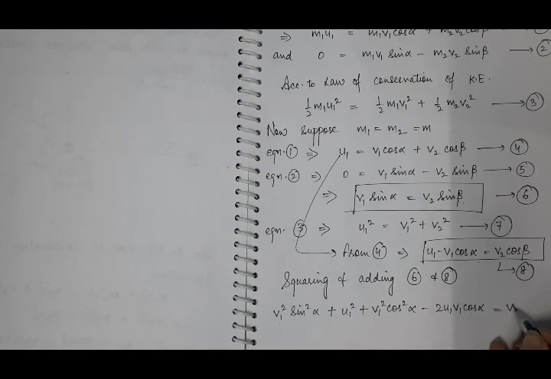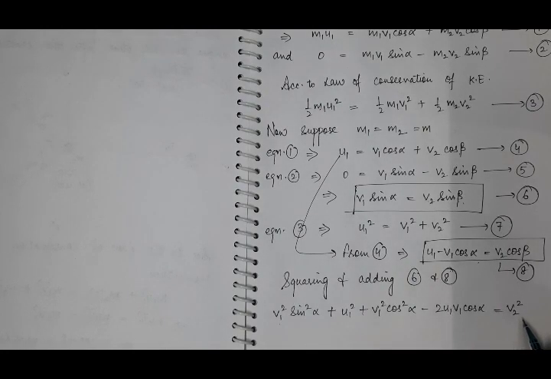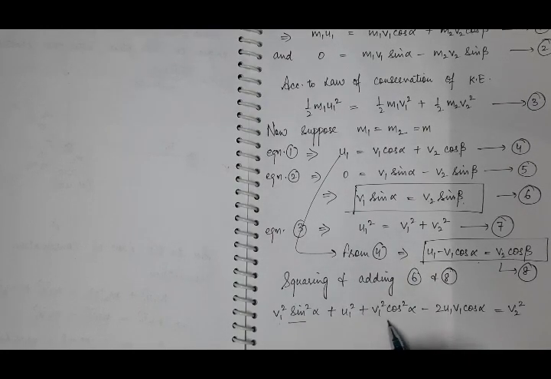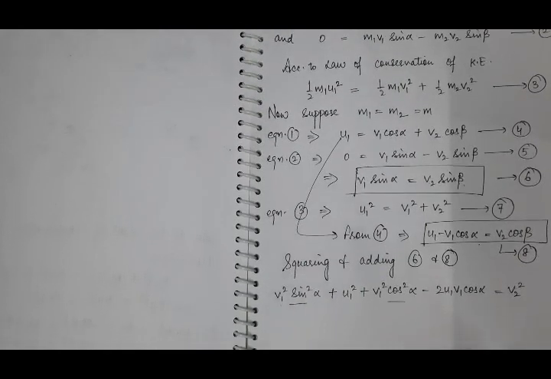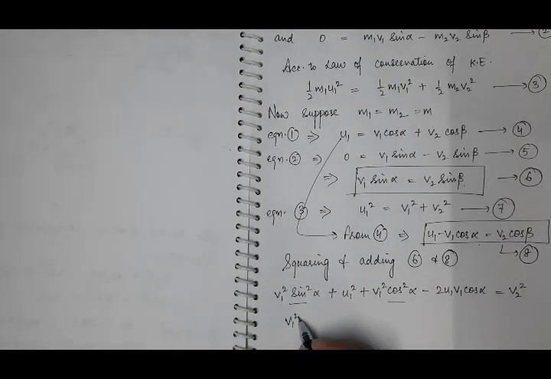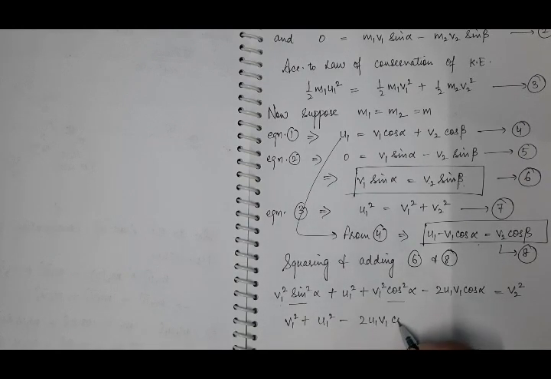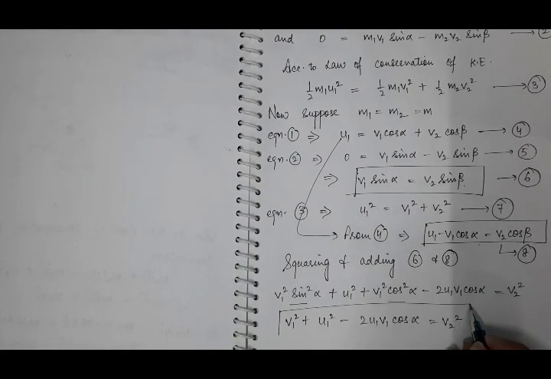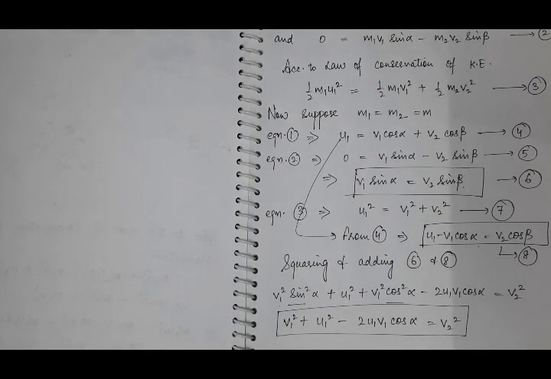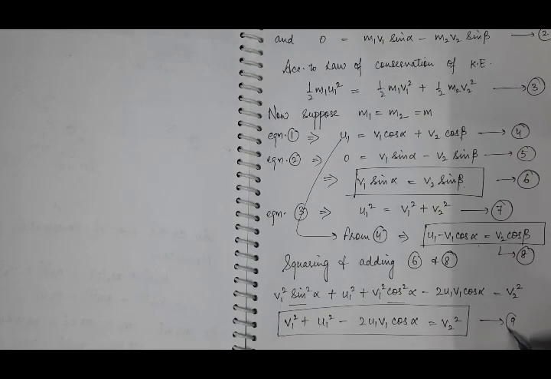And it is equal to v2 square, because v2 square is common and sin square beta plus cos square beta will be 1. And from these two terms, take v1 square common, then sin square alpha plus cos square alpha will be 1. So we have this equation, and suppose this is equation 9th.